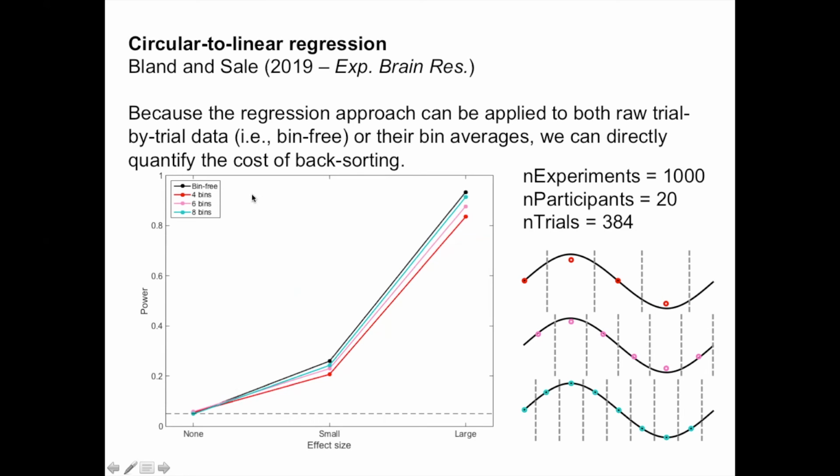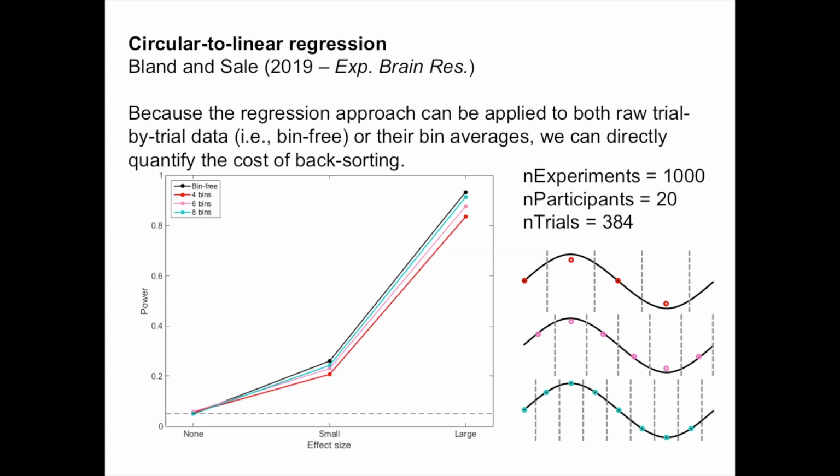And generally speaking, the fewer phase bins there are, the less sensitive the regression is. The reason for that is that we're, by definition, averaging over a wider phase bin. By having those larger phase bins, there's fewer of them. So what we're seeing in this graph is purely a cost of backsorting. We're using the same regression technique for the phase continuous, bin-free analysis, but also with the backsorting analyses.